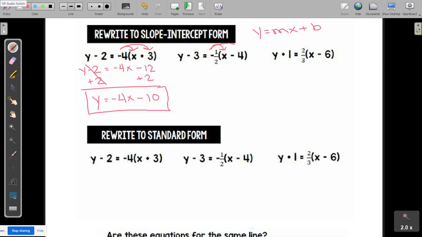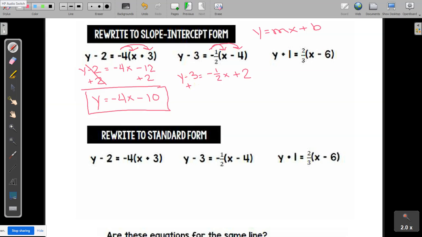Distribute our slope -1/2 to each thing inside the parentheses. So we have -1/2 x. -1/2 times a -4 is a positive, and then a half of 4 is 2. Bring down everything else as is. Now we have a y minus 3.